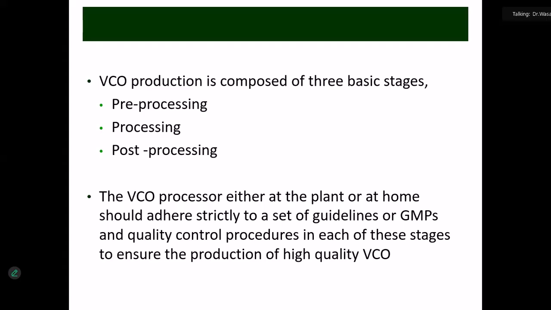Processing means the actual factory cycle, at a factory or at home or wherever. Post-processing means, after the VCO is prepared, improving its quality. To improve its quality, three steps we are doing.